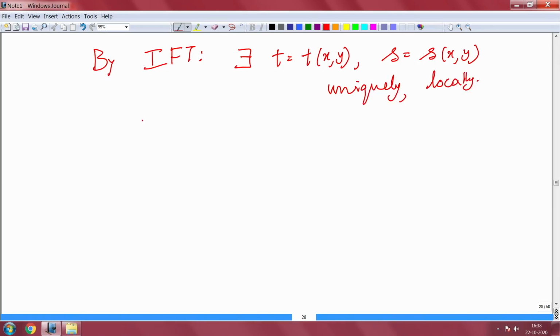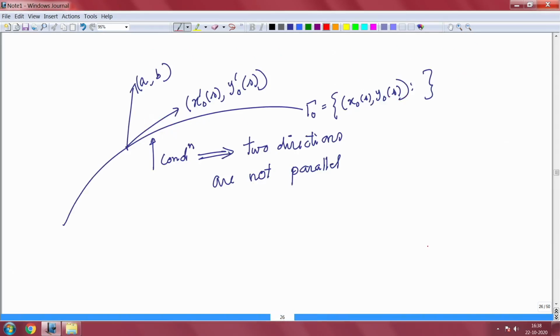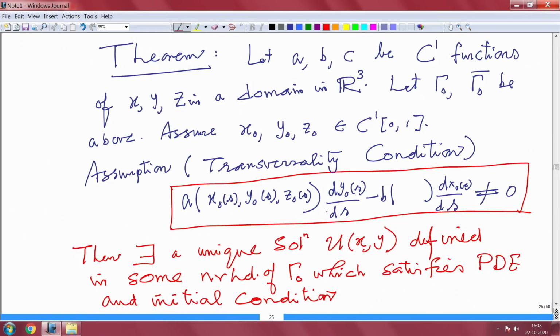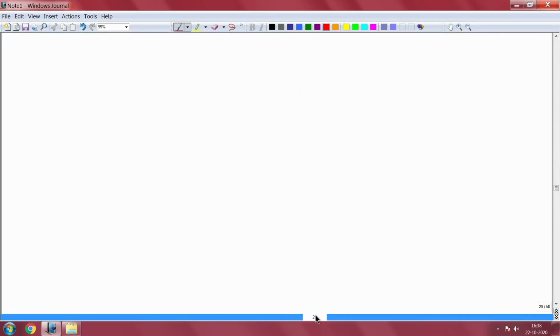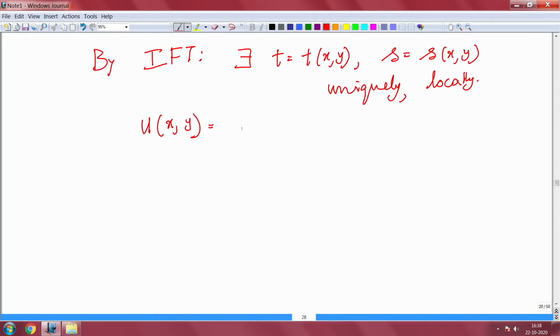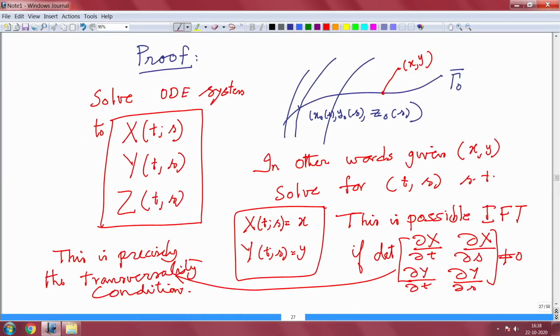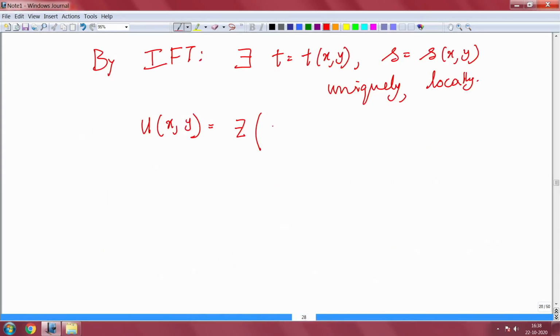Then you can compute your u of x, y. Given x, y, you have done this here, you got it. Okay, u of x, y, you have your Z of t of x, y, you have solved Z of x, t.